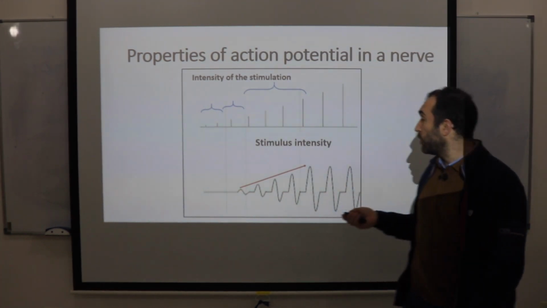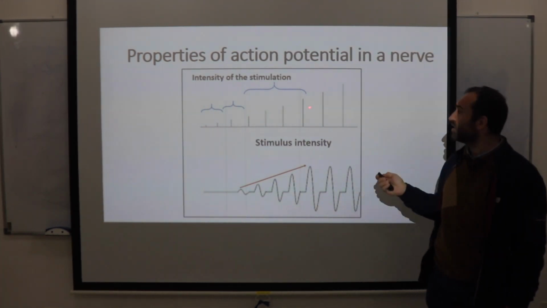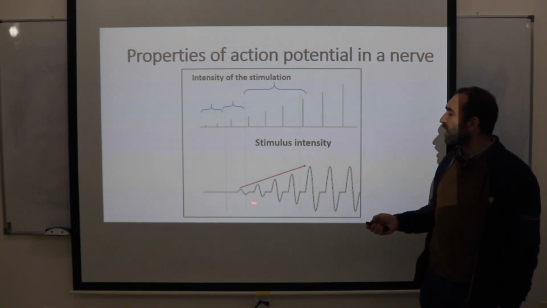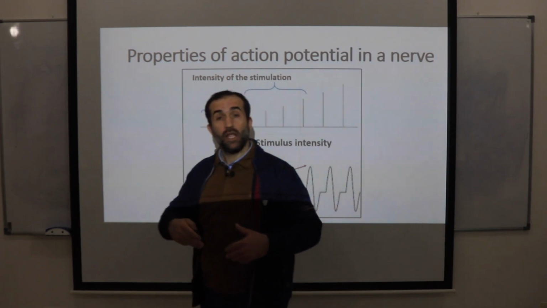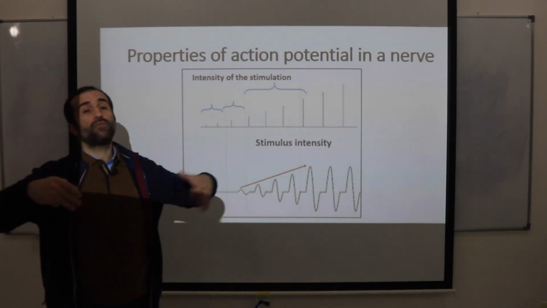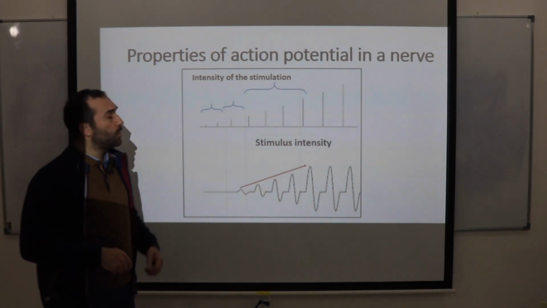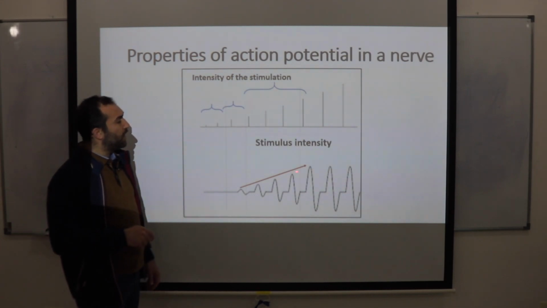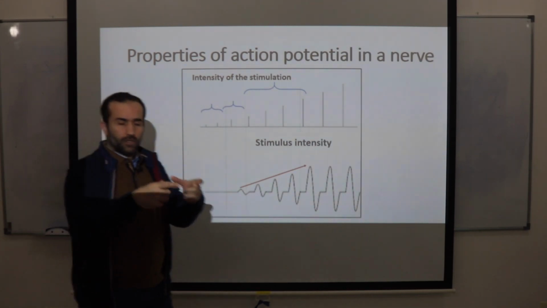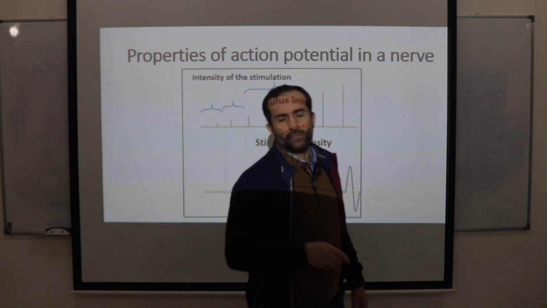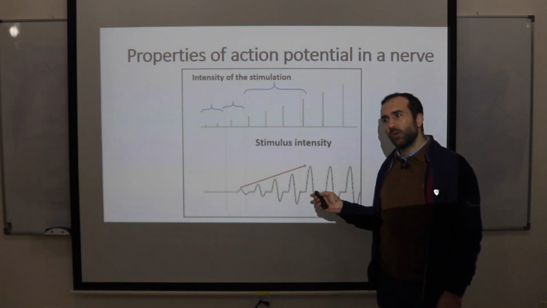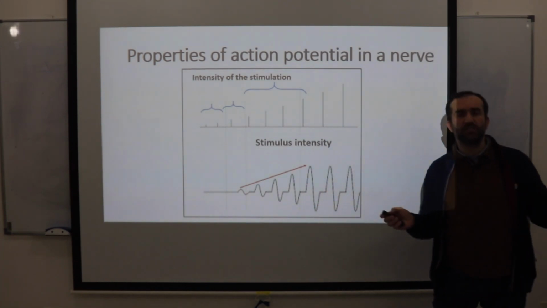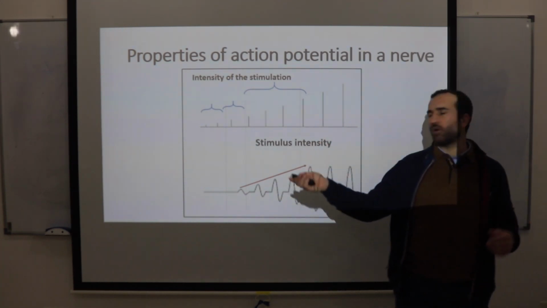Since when we increase the intensity of the stimulation, the number of fibers making action potentials becomes higher. And when the number becomes higher, more fibers making action potentials will give you a higher global sum of the action potentials. And this is why we say that the nerve obeys the law of summation, not the law of all or none.